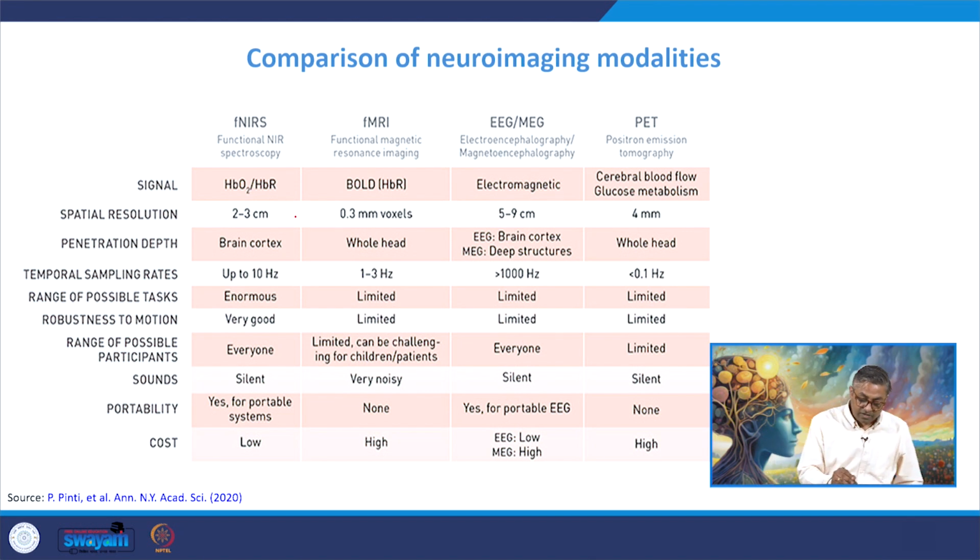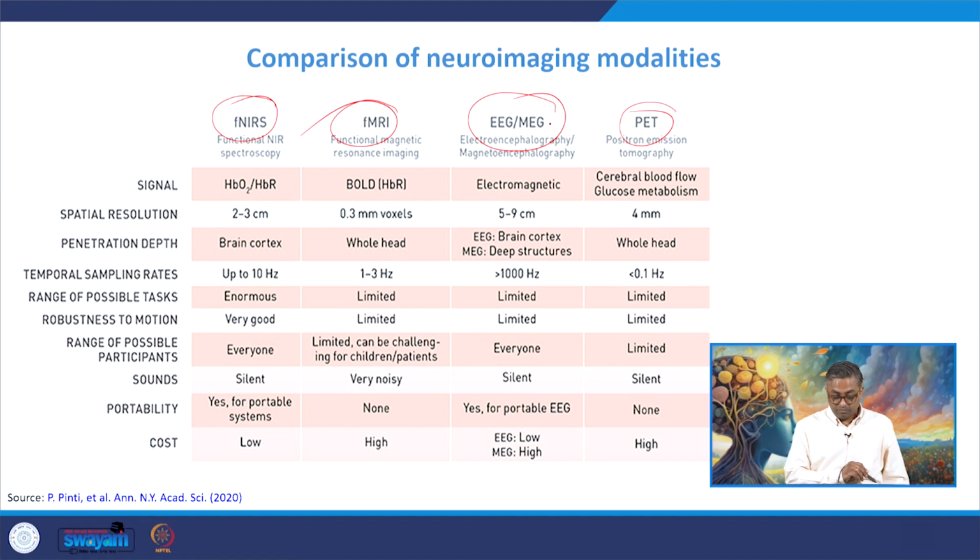If we take the tools fNIRS, fMRI, EEG, MEG together and PET, we see the BOLD signal, the blood oxygenation level dependent signal, then the electromagnetic response, and cerebral blood flow and glucose metabolism as seen in the PET scan. Spatial resolution can go up to 4 millimeters in size, so it can precisely locate it to a 4 millimeter area.